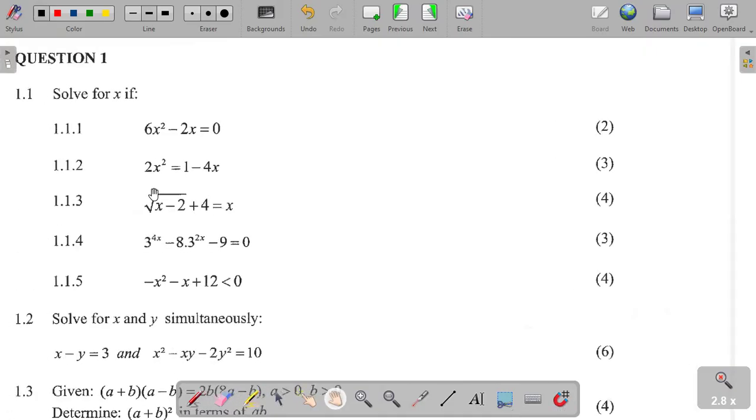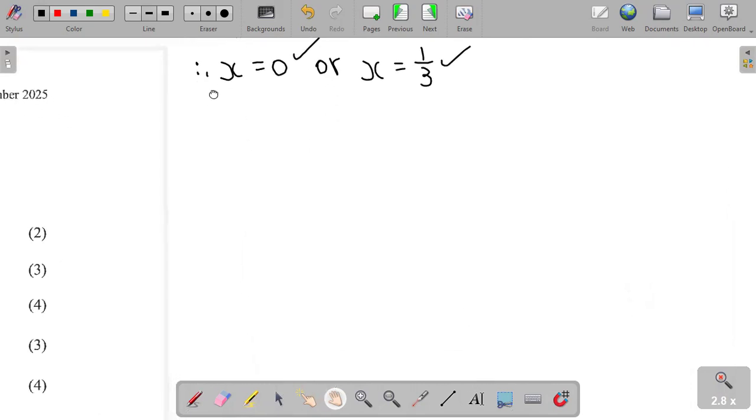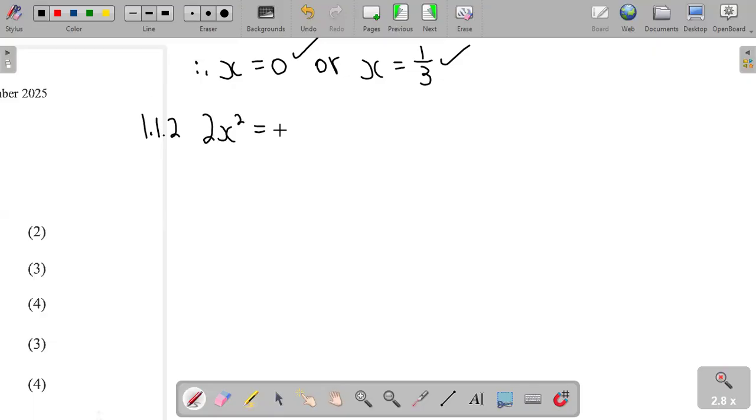And then the next, 1.1.2: 2x squared equals 1 minus 4x.